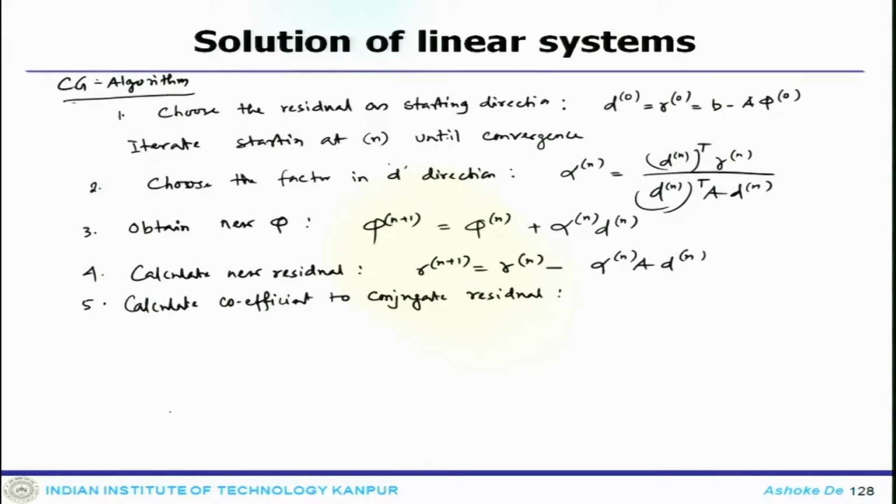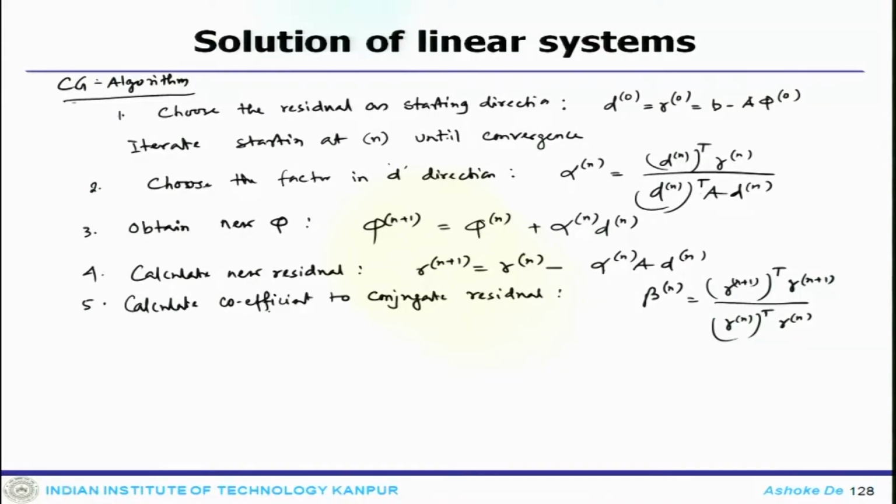How? Here you get beta n equals R n plus 1 transpose R n plus 1 divided by R n transpose R n.